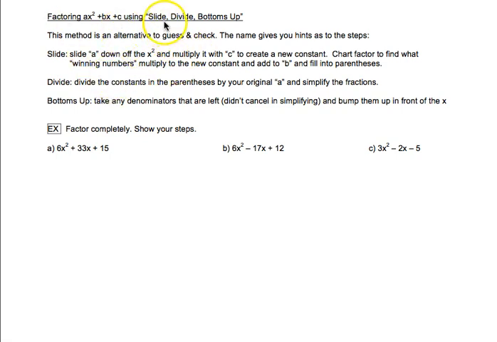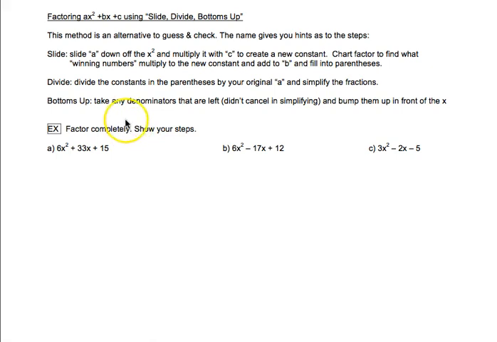I would say that people who know their factors and have really great number sense usually like the guess and check method. People who kind of like the tricks, like the slide, divide, bottoms up method best. If you want to rotate between them, then that's what you can do.